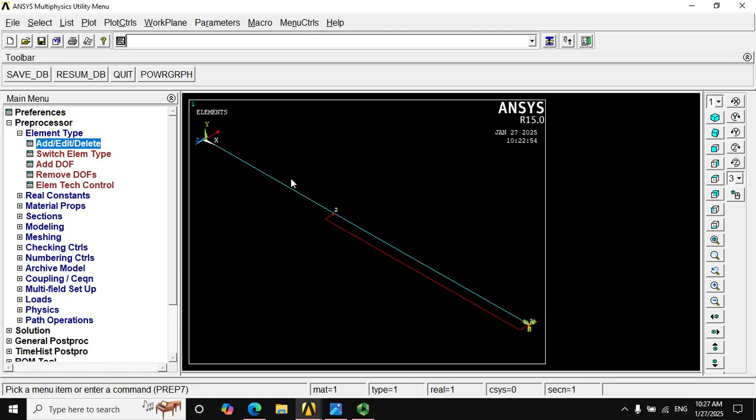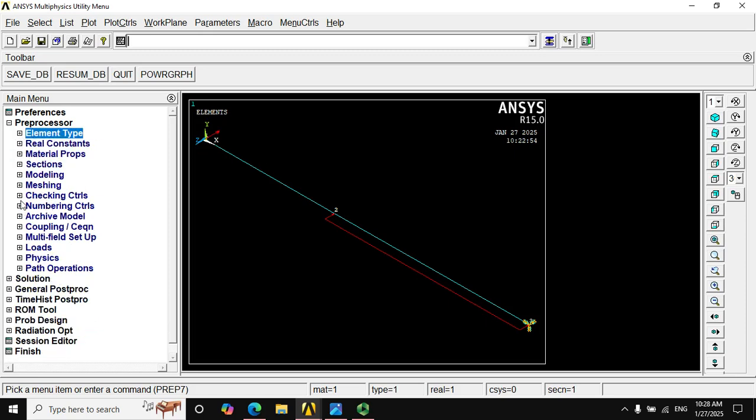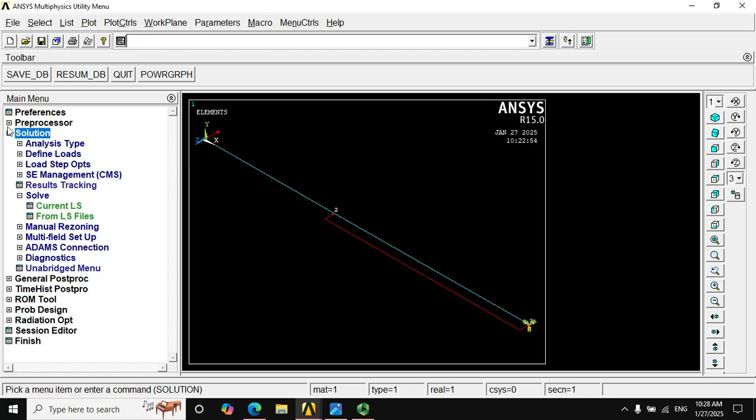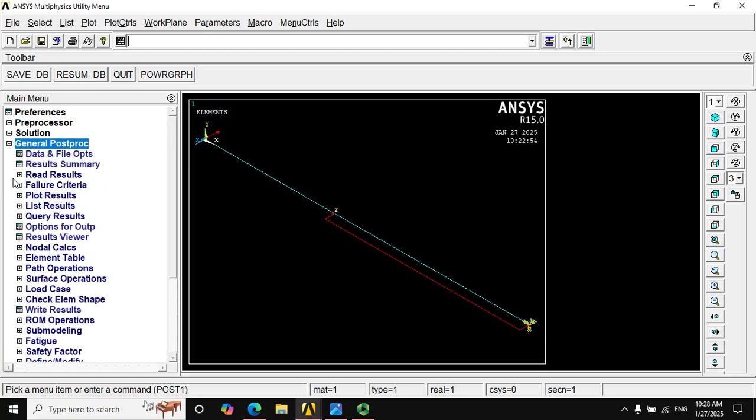You can use linear shape functions, but then you have to increase the number of mesh elements. Alright, so I hope this video is useful.